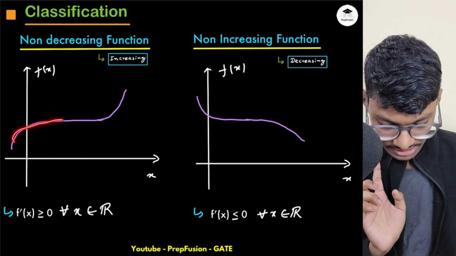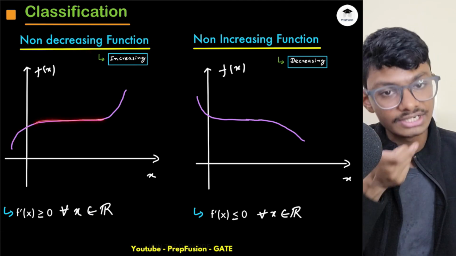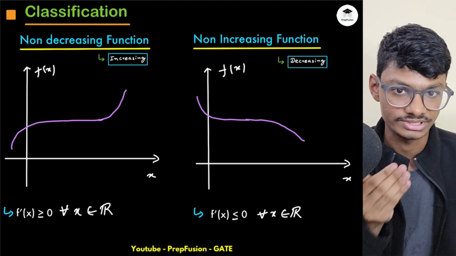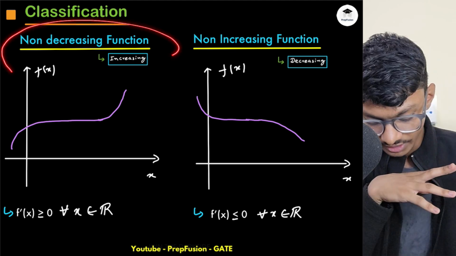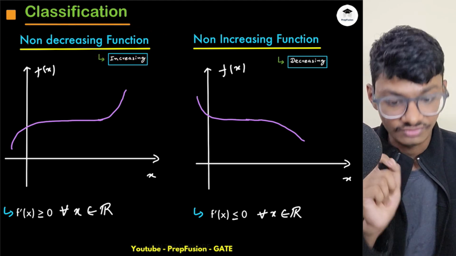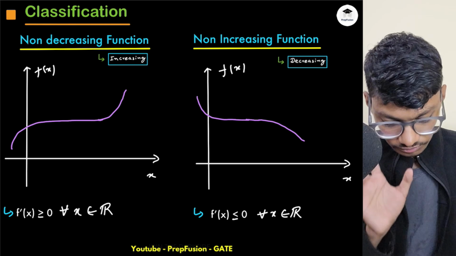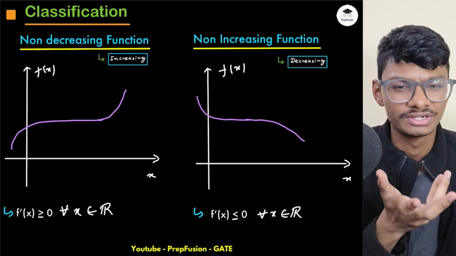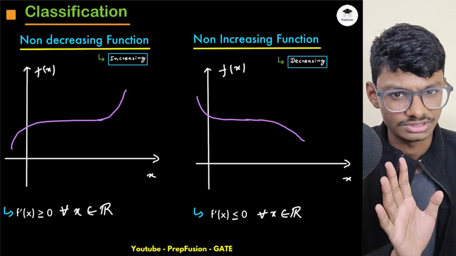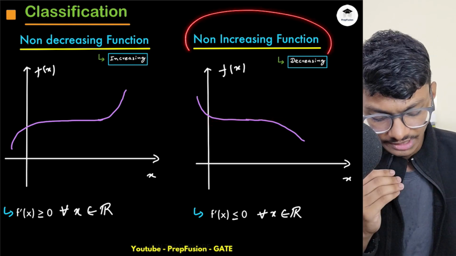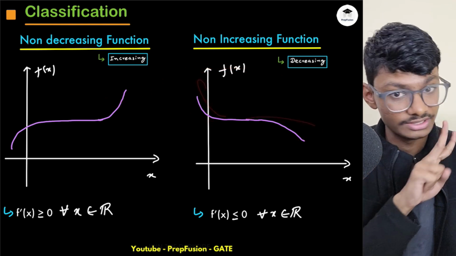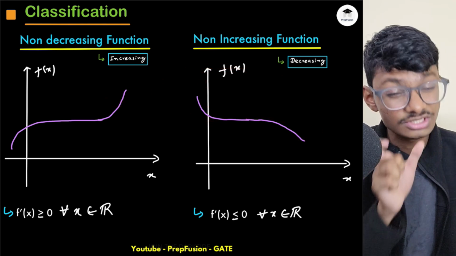So this increases, but it may happen sometimes it remains constant, then again it starts increasing. It doesn't always increase, it can remain constant. That's why we can name this a non-decreasing function. And here we say okay, this is decreasing, but sometimes it may stop decreasing. This may remain constant. So if it is constant, that means it is a non-increasing function, because it will never ever increase over its domain, but it can stop decreasing.